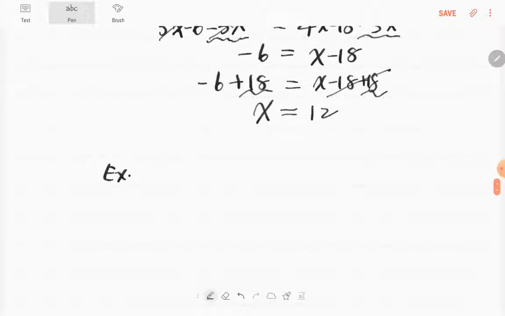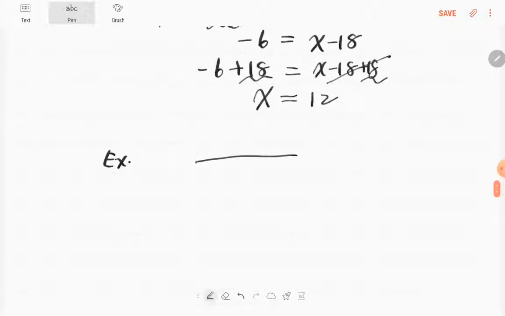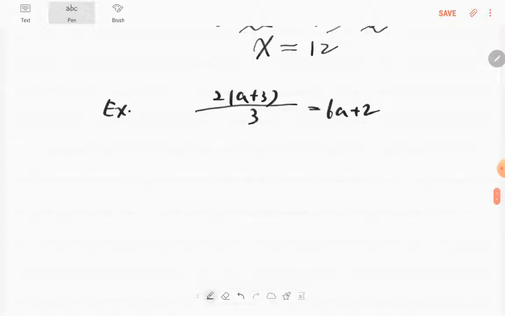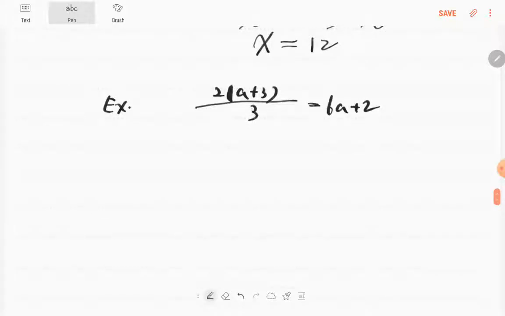So this time we got this. So this time we still have the fraction in our equation, only one fraction.